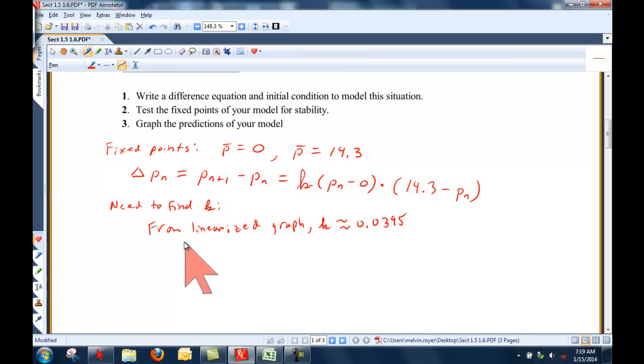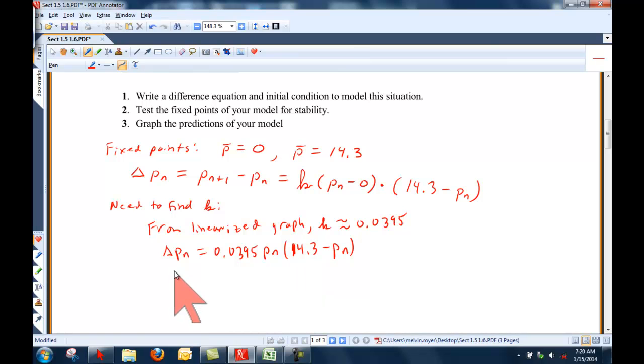0.0395, and then our model will turn out to be delta Pn equals 0.0395 times Pn times 14.3 minus Pn. That's the difference equation.